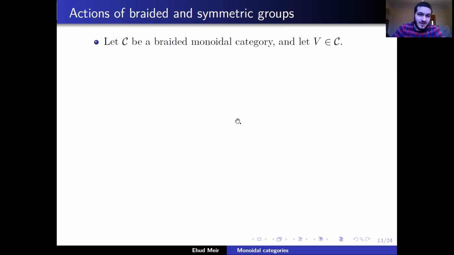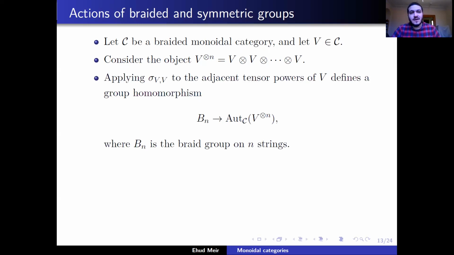Okay. So let C now be a braided monoidal category and let V be an object in C. Now let's see what happens. We can consider the object V tensor n, which is just V tensor V, n times. And here's one very important piece of structure that we always get in a braided monoidal category. We can apply sigma V,V to the adjacent tensor factors of V, like the first one and the second one, and the third one, the n minus first and the nth one, and so on.